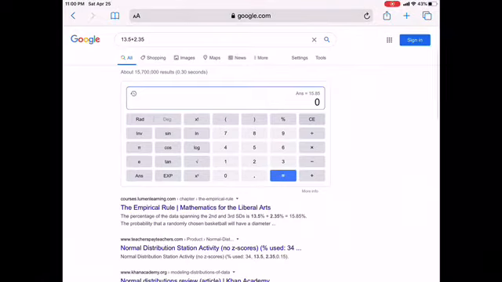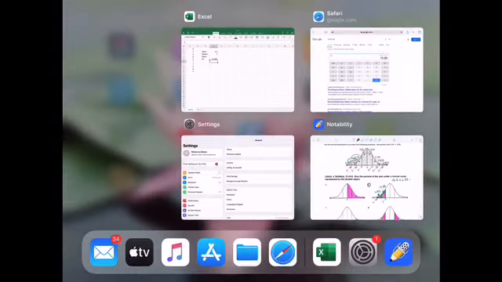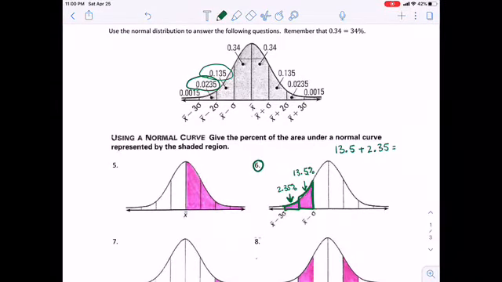So here in my calculator, I have 13.5 plus 2.35. And my calculator says that that is 15.85%. So then I know that 15.85% of my data falls into this pink highlighted area of my graph.